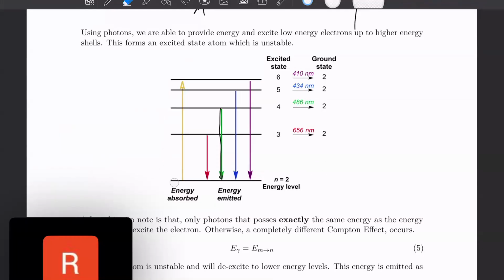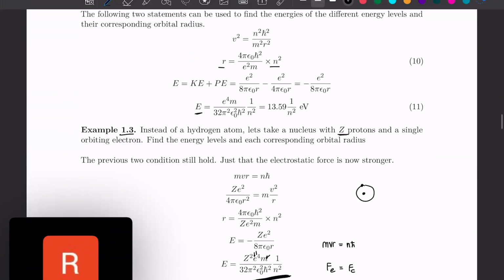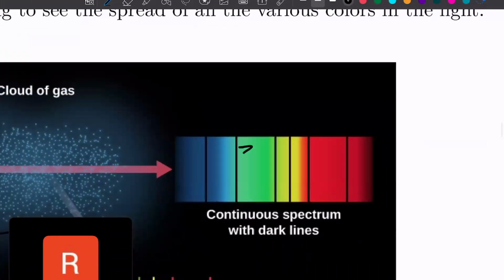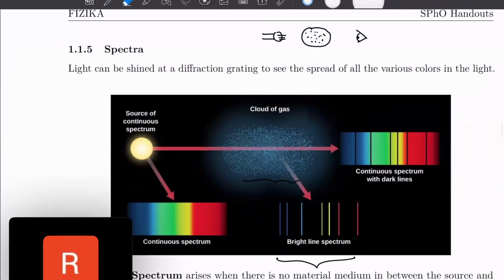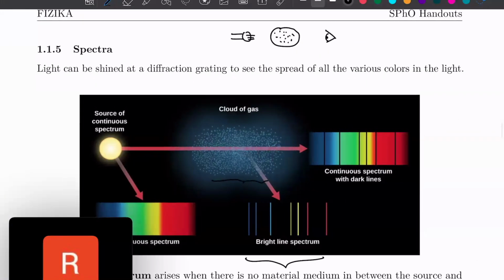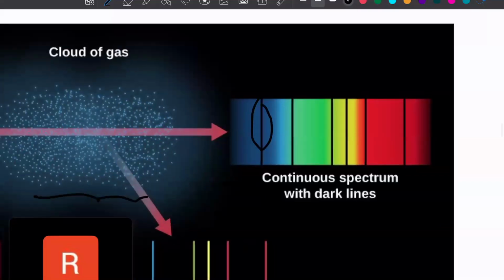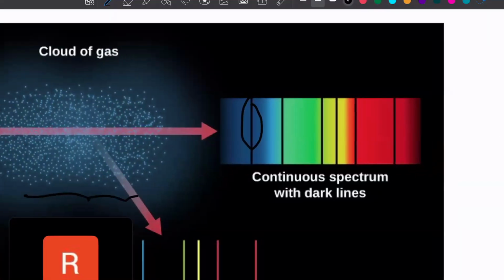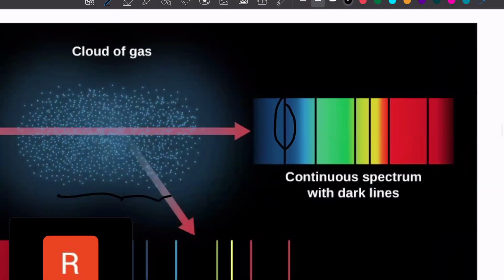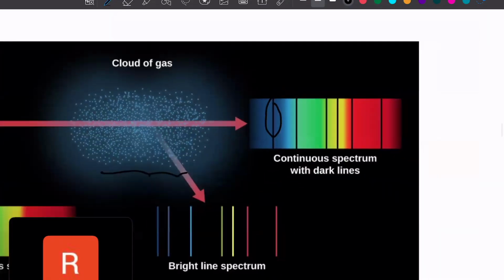Okay, but the problem is that all these ones will directly come from the source. But when the gas absorbs this specific energy level, it will emit, which is correct.